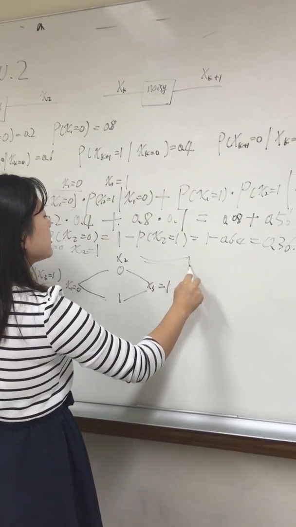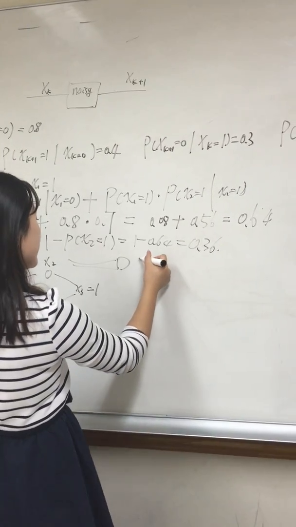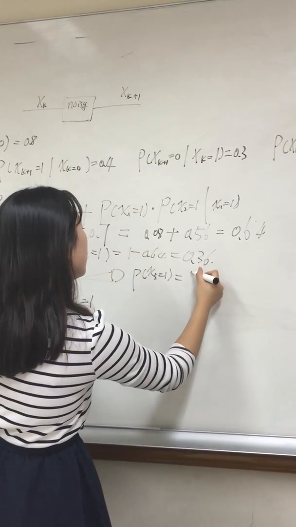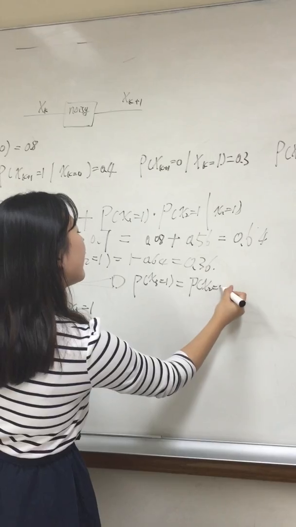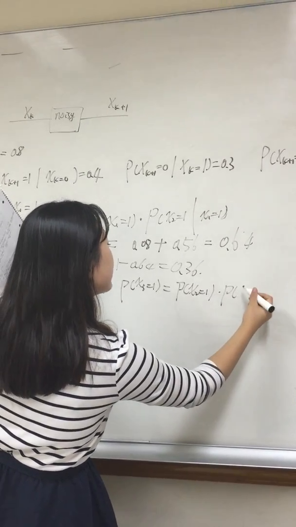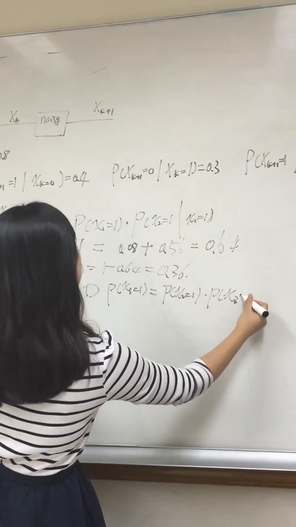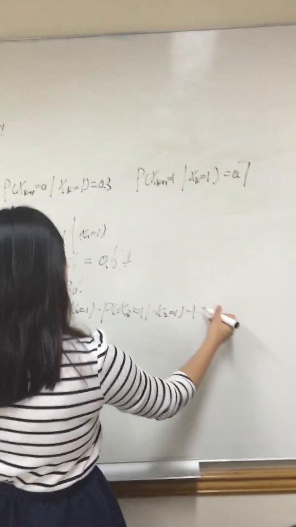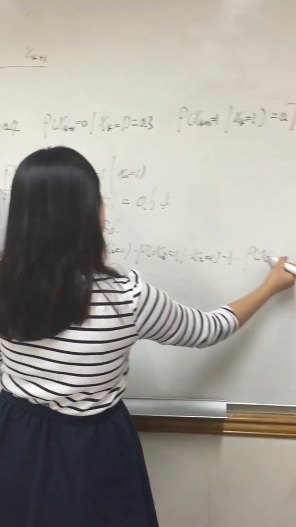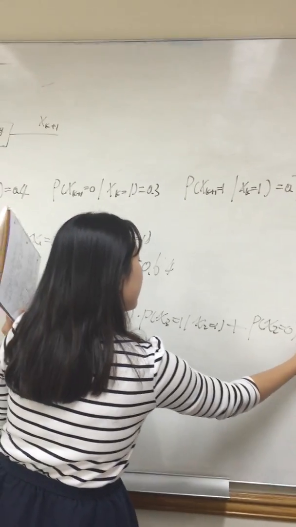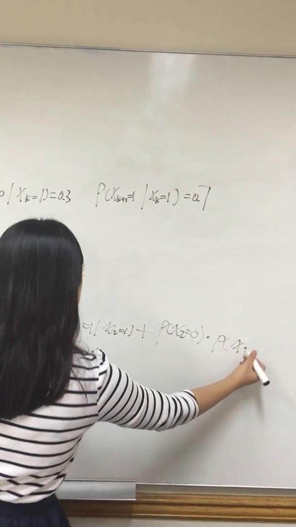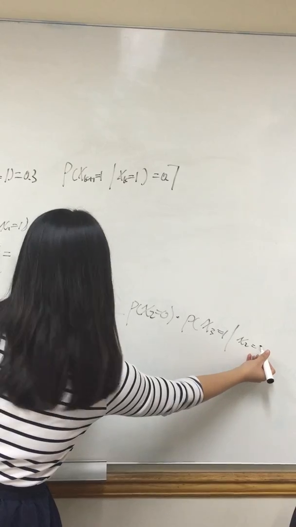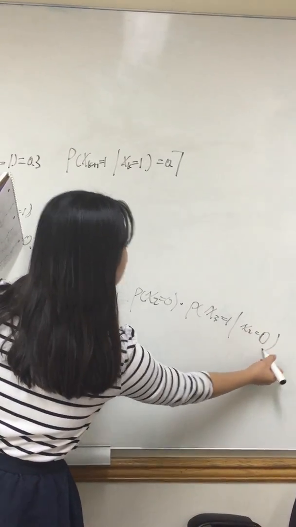So the expression is the probability of x3 equals 1 equals the probability of x2 equals 1 times the probability of x3 equals 1 on the condition x2 equals 1, plus the probability of x2 equals 0 times the probability x3 equals 1 on the condition x2 equals 0.